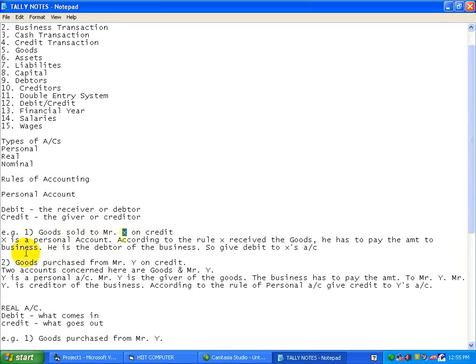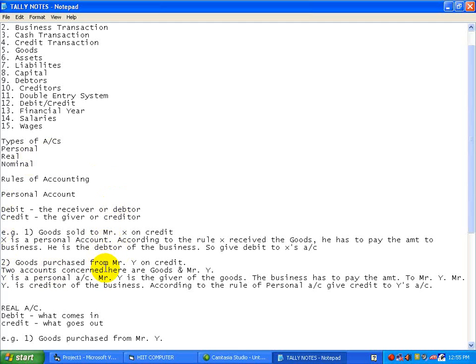X is the person name, so we will just pick up the personal account rule to pass this entry. See, X is a personal account. According to the rule, X received the goods. He has to pay the amount to business. He is the debtor of the business, so give debit to X account.